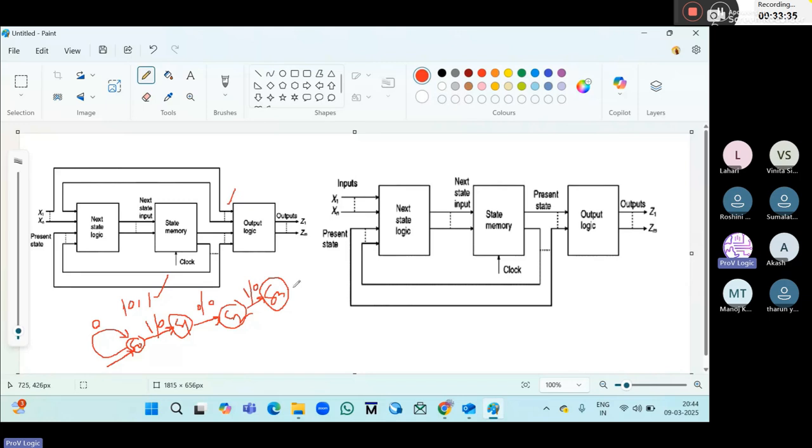But here S3 would need to go to S4, but we are not taking another state from S3 to S4. Why? Suppose this 1 is the current state value here. It will also get the previous value. It will be dependent on the previous value and the current input also. What is the current input for this 0?